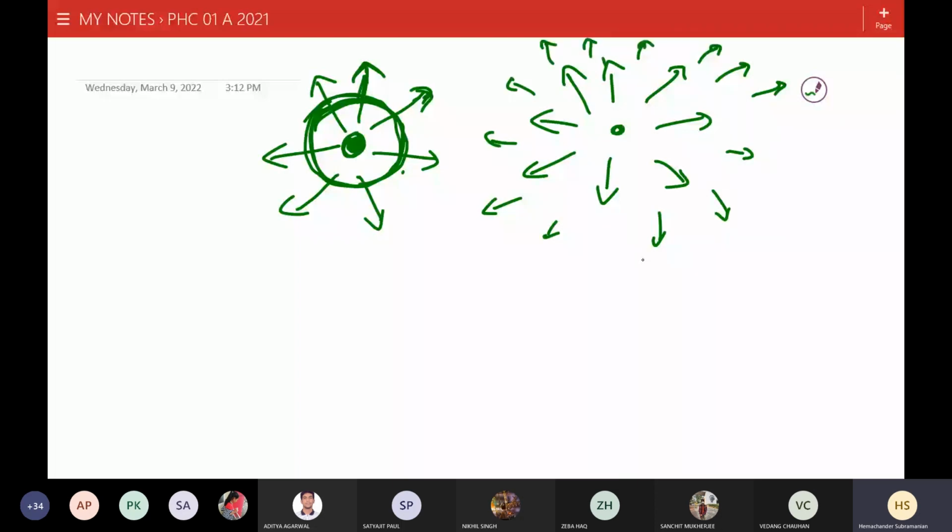Now you can see that the electric field vectors are diverging. All of the electric field vectors are pointing out from the center, right? Am I right? Yes, sir.